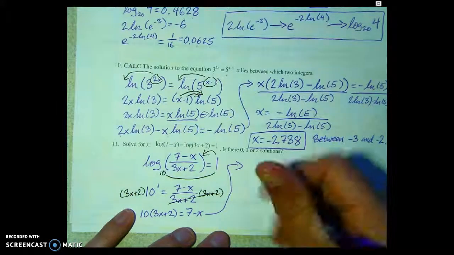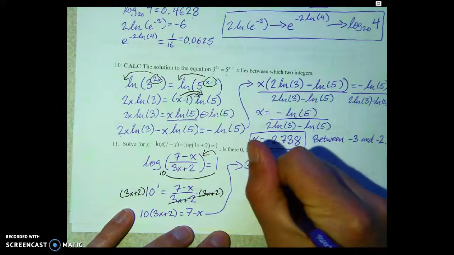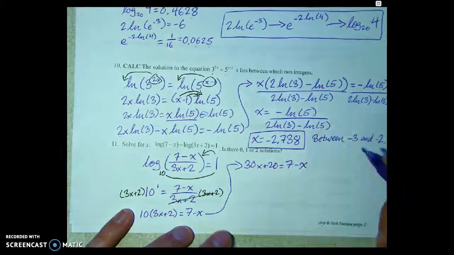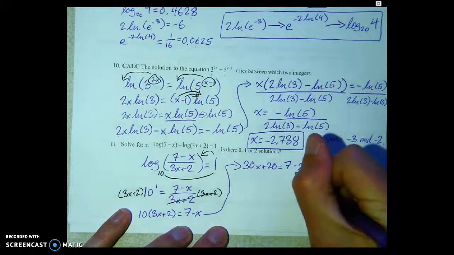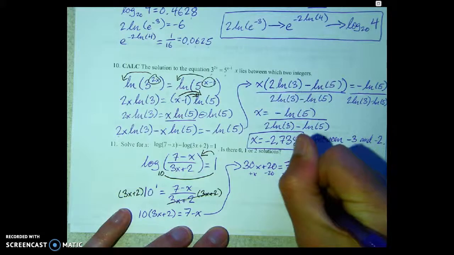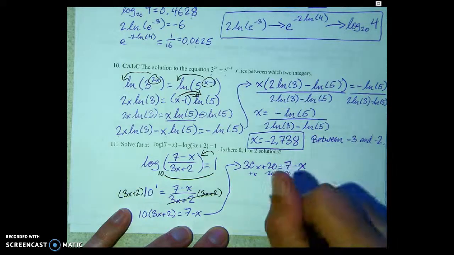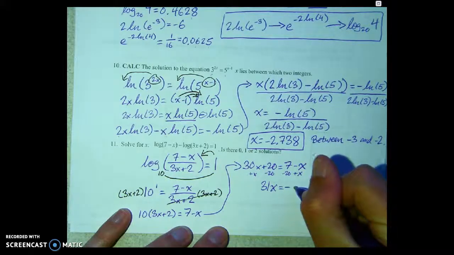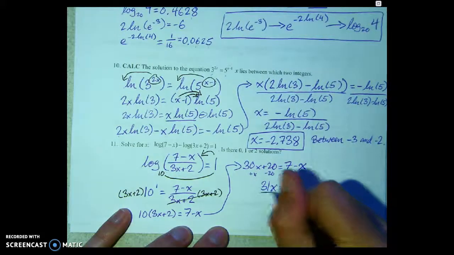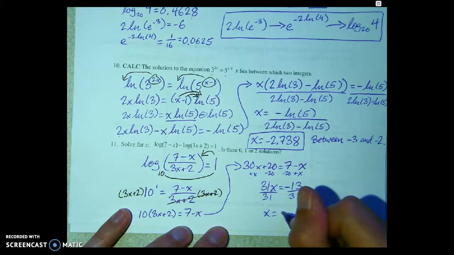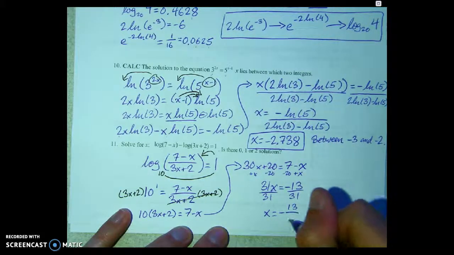Okay, so we end up with 30x plus 20 is equal to 7 minus x. Combine like terms, I'm going to move the 1x over here to the right, and I'm also going to subtract 20 from both sides. So I end up with 31x is equal to 7 minus 20, which gets us negative 13, right? Divide both sides by 31, and we get x is equal to negative 13 over 31.